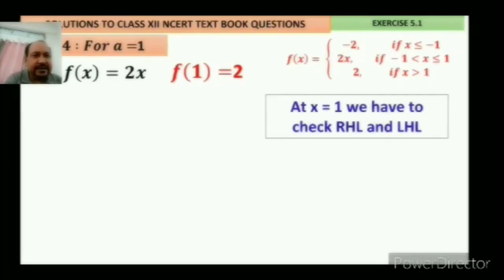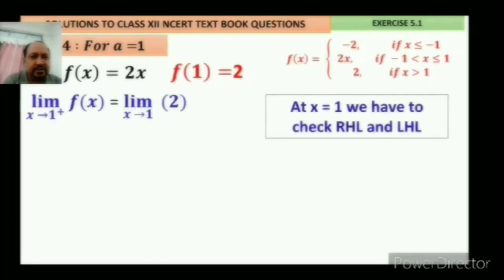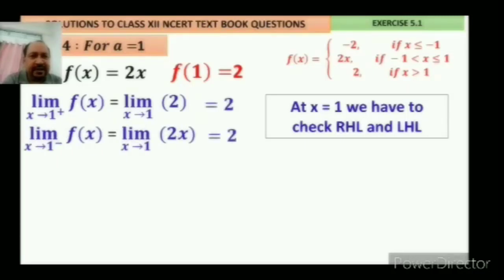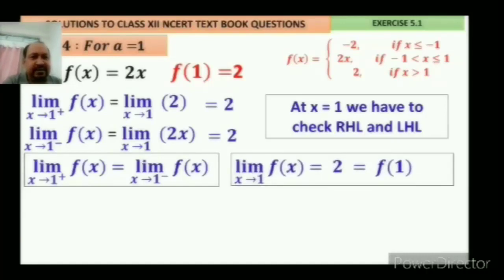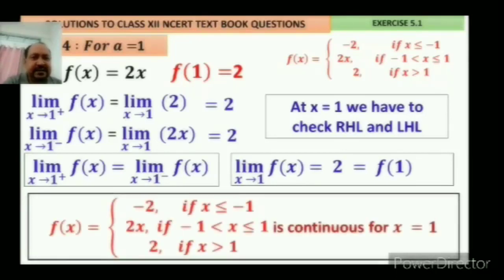Now you have to check RHL and LHL also. The value of RHL is 2 and the value of LHL is also 2. Since the limit value of the function is equal to the functional value of the function, you can say that the function is continuous at x equal to 1.